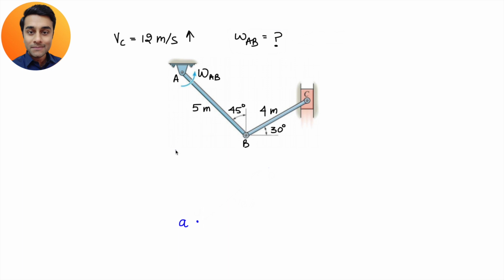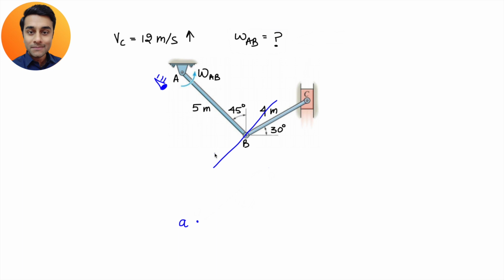Now what should you do next? Should you draw the vector of velocity of B with respect to A first, or velocity of C with respect to A first? Now, if you look at the diagram, you will say that, sir, we are sitting on A and we can look at B. Obviously, B will move perpendicular to AB.